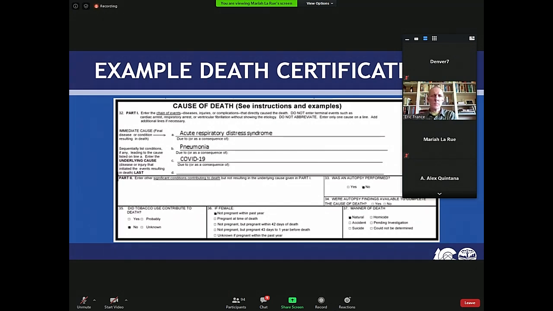Through their website and information we provided to our coroner, medical examiner, and physician community in Colorado, we continue to share information about how best to complete a death certificate so that it accurately reflects that information. And most recently, the CDC published a short video that's available online as well that walks medical certifiers through what this might look like for a COVID-19 related death, since it is truly a novel situation for many of our medical certifiers. So next slide, please.